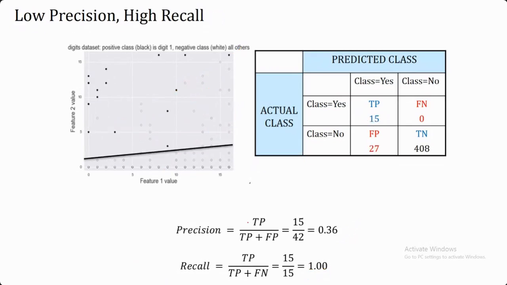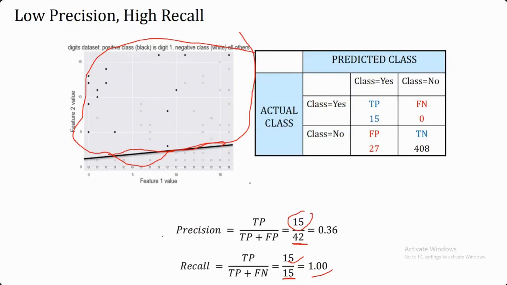Here, all 15 were positive, and all 15 you have predicted as positive, so it's one. But in this case, according to your model, all these values should be positive, but actually only these 15 were actually positive.